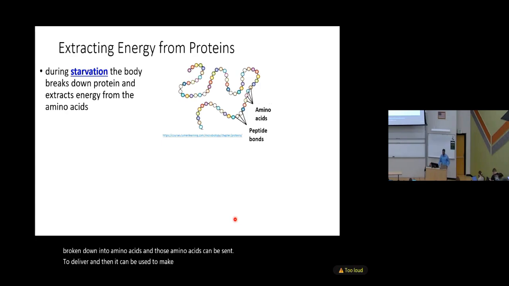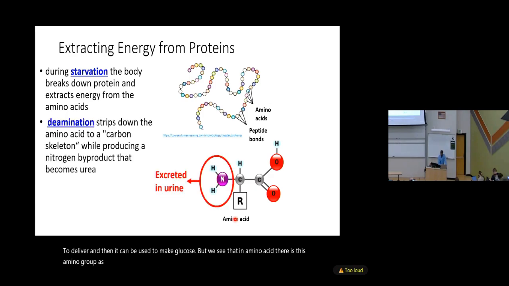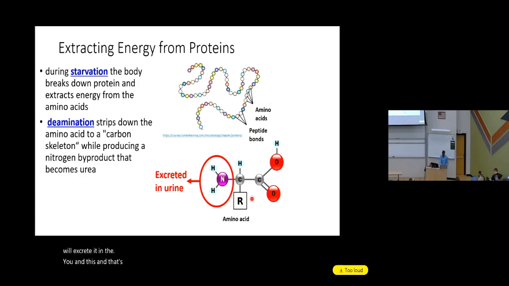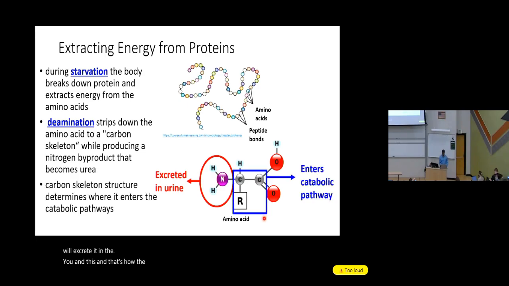But in an amino acid there is this amino group, as we all know, and this amino group is something which our body cannot metabolize, and so there's a process known as deamination, which will strip off this amino group and excrete it in the urine, right? And that's how the remaining carbon skeleton is going to enter the catabolic pathway.